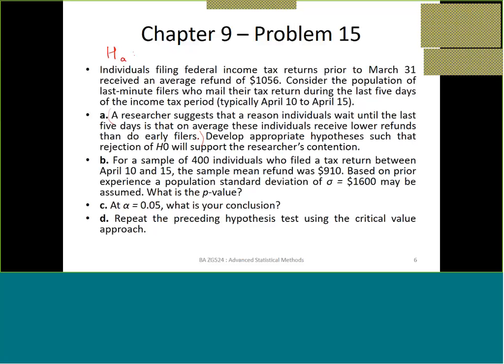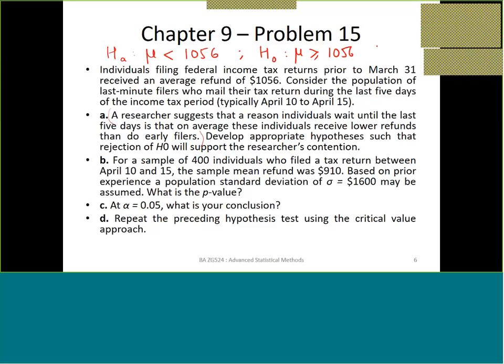So this is what you want to test, this is what you want to research. Lower refunds than early filers. Early filers' average refund is 1056. So what is the HA then? It is average, so mu is less than 1056. And H naught is mu is greater than or equal to 1056.